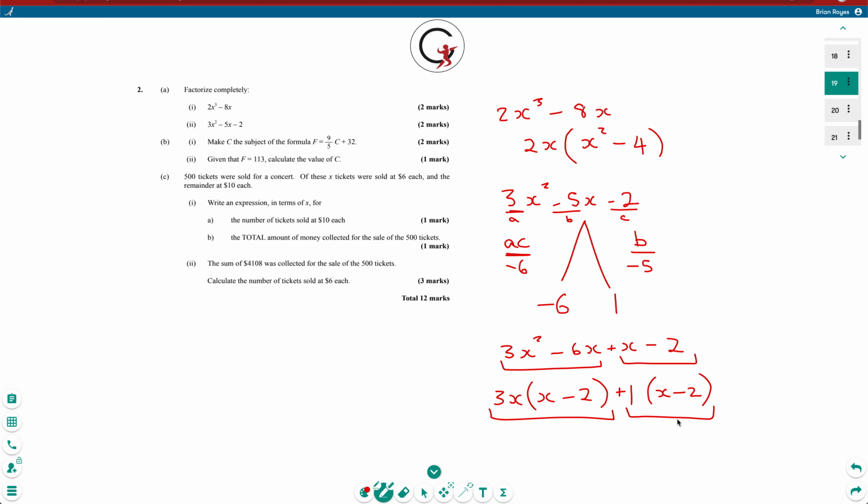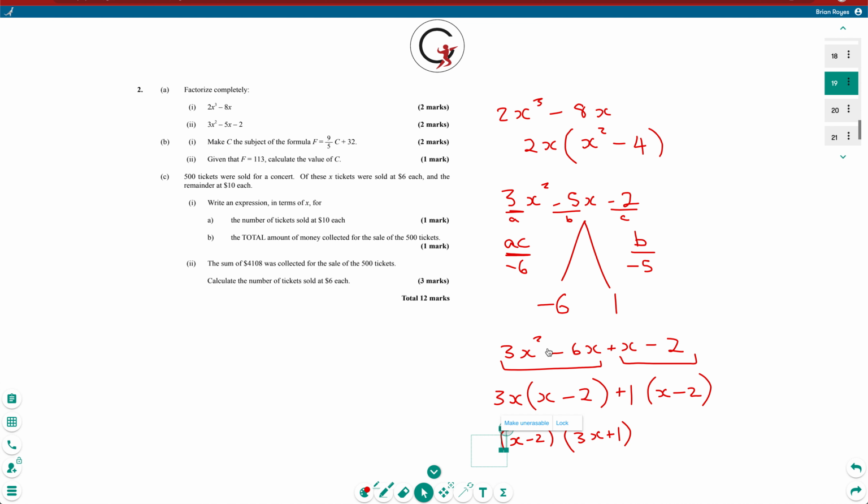So what we can do as our final step is to factor out x minus 2 from each of these two terms. That means if we pull out x minus 2 in its own bracket, what's left behind? Well, that's going to still be multiplied by 3x plus 1. And there you have it. x minus 2 times 3x plus 1 is the fully factorized version of number 2.